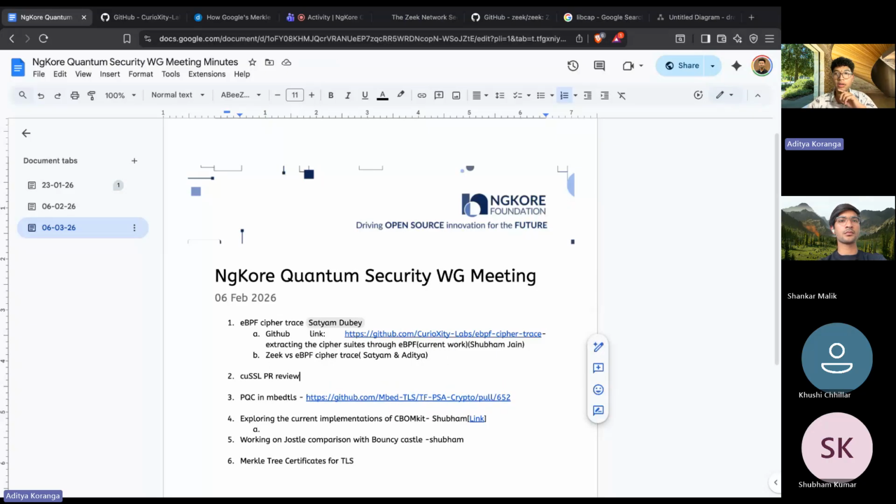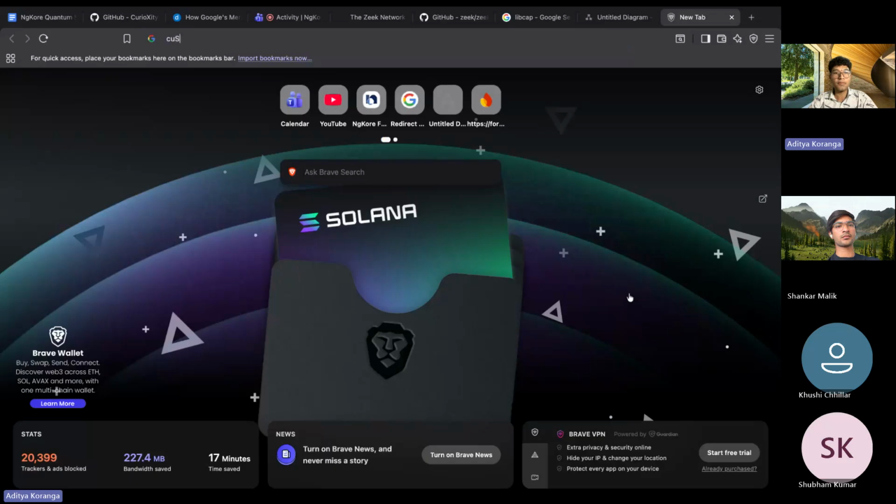Next thing is in part with the NVIDIA engagement. We have finally created the cuSL PR, which is the main PR that integrates cuPQC with OpenSSL. Once this PR is merged, I will contact someone from the NVIDIA team.